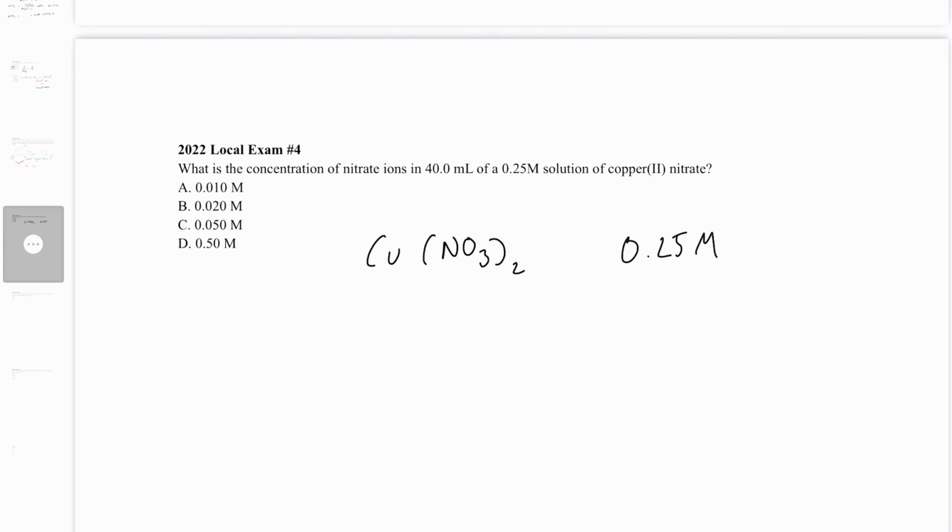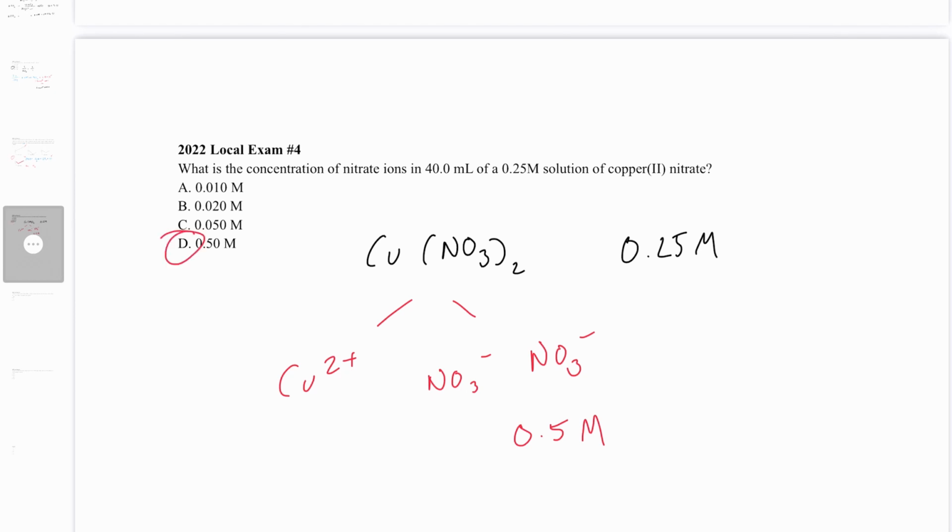Because for every 1 molecule of copper nitrate, you have 2 molecules of nitrate ions. So this copper nitrate is going to get broken up into Cu2+, NO3-, and another NO3-. So the concentration of the nitrate is just going to be 0.50 molar, which is answer choice D.